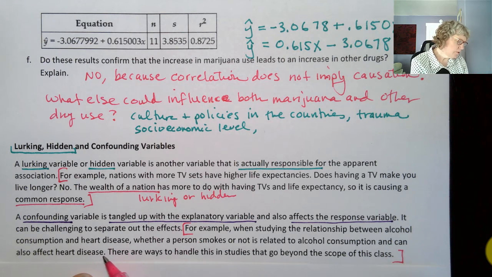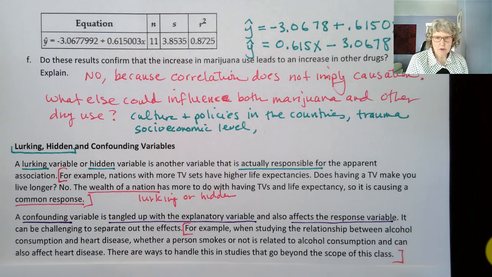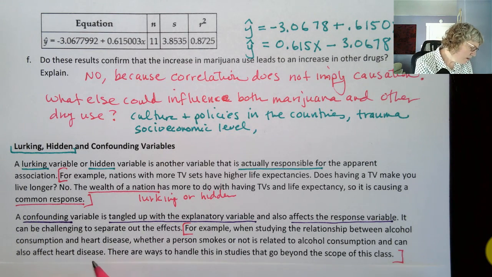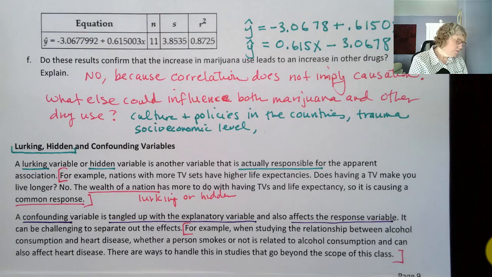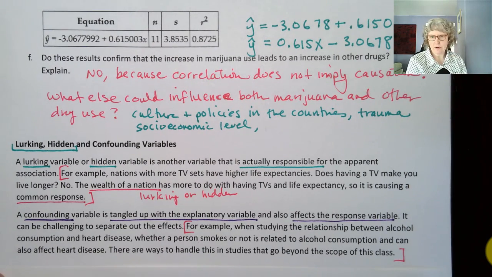So if you're trying to make a graph between alcohol consumption and heart disease, you can't separate smoking out, because maybe someone who drinks more is likely to smoke more, or the other way around as well. So it's related to alcohol consumption and can also affect heart disease, okay? There are ways to handle this, of course, but that goes beyond the scope of our class.